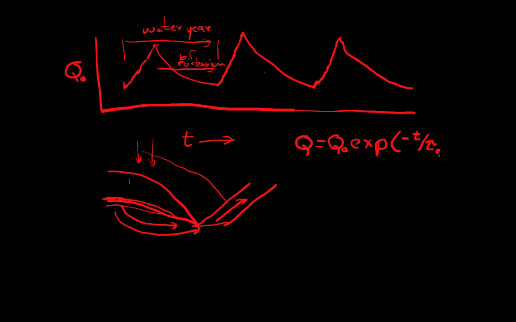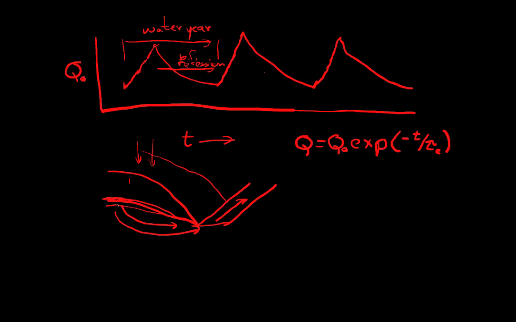I'm going to use a little e there to remind myself that this is the natural base e, and tau is the time constant, because we're using the exponent here. Okay, so base flow is proportional to the amount of water in the reservoir.